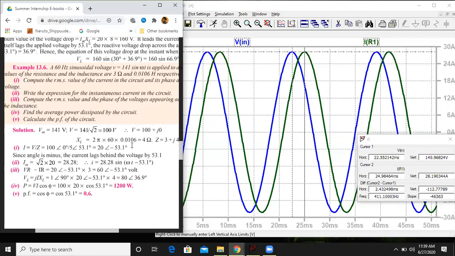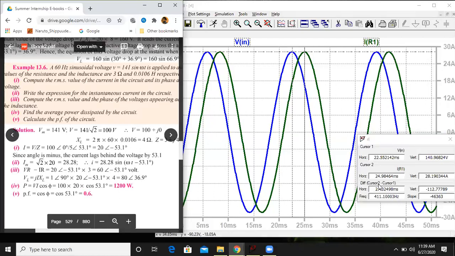Again I repeat: in this screen you get this time difference, 2.43 millisecond. Multiply that by 360 and divide the whole thing by 16.67 milliseconds. You'll get a number; I'm getting 52.52 degrees. That is the phase angle between these two waveforms.